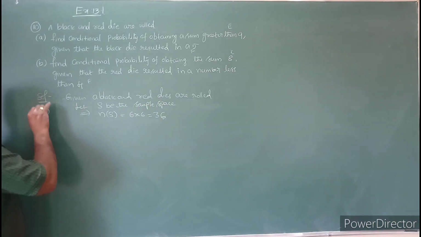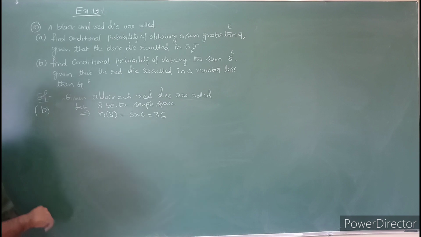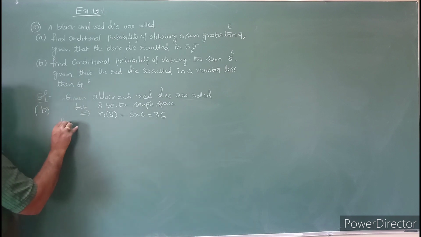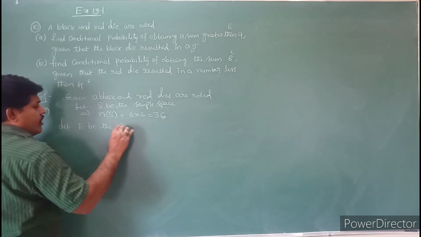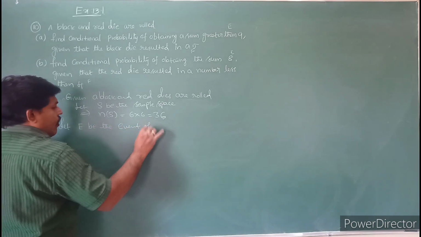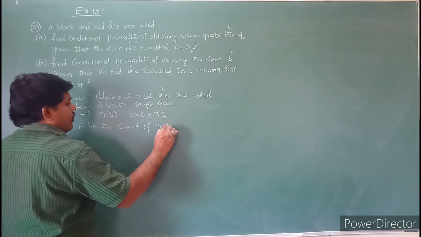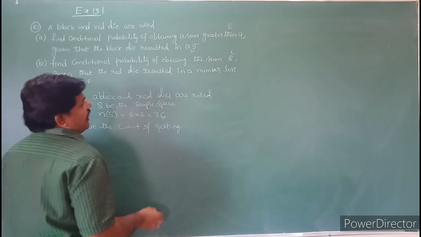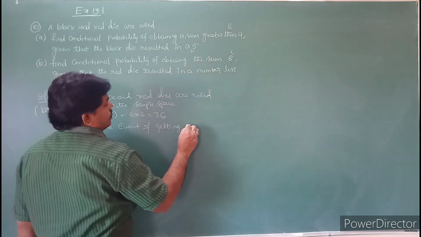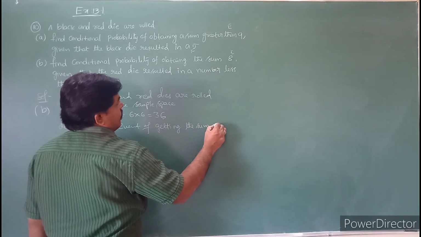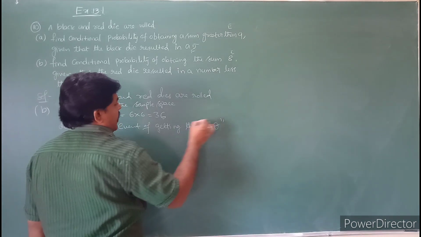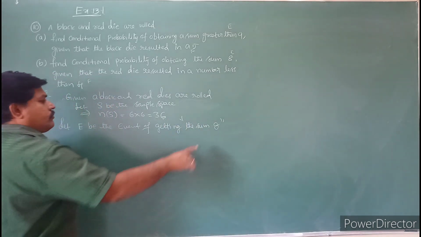Now, first we will take E. Let E be the event of getting the sum 8. You have to get the sum 8.